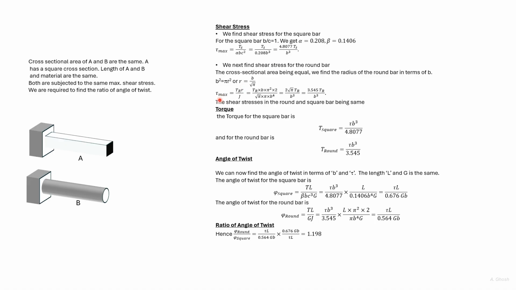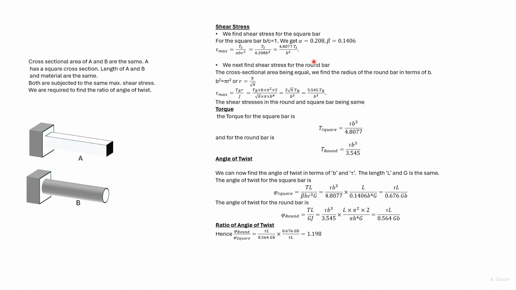Now for a circular section, tau max is equal to Tr by J. Here J is pi r to the power 4 divided by 2. So we write r to the power 4 in terms of b, as well as r in the numerator in terms of b, and from there we get this expression of tau max.